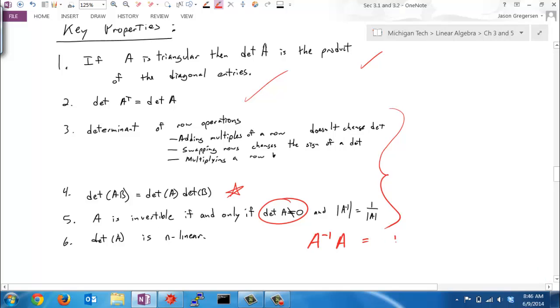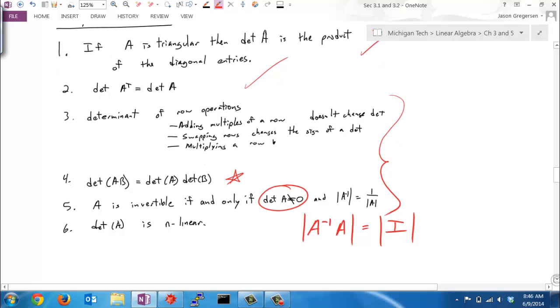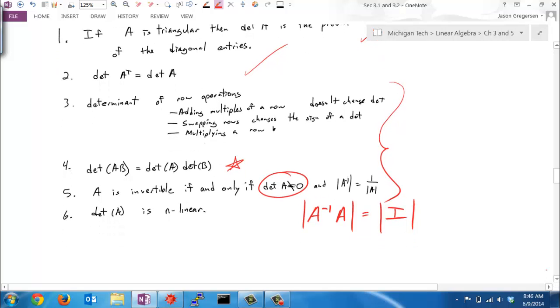Identity, absolutely. That's the definition of the inverse. Now what I can do is take the determinant of both sides. Right? If those matrices are equivalent, then their determinants should be the same. But on the left-hand side, I have the determinant of the product. Well, the determinant of a product is the product of the determinants, so this is the same thing as the determinant of A inverse times the determinant of A.